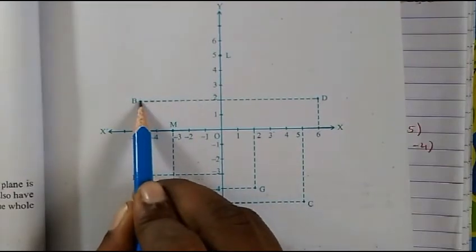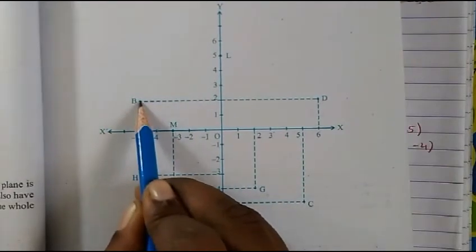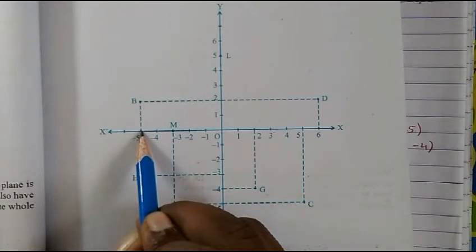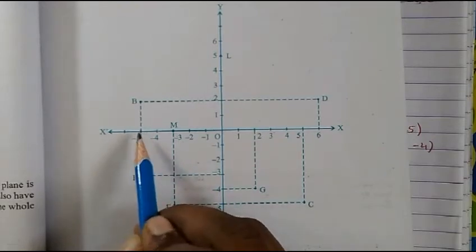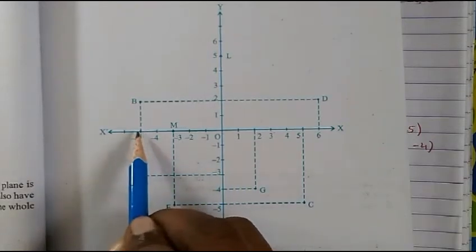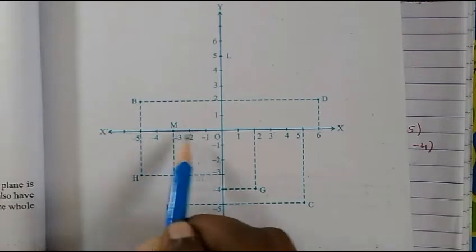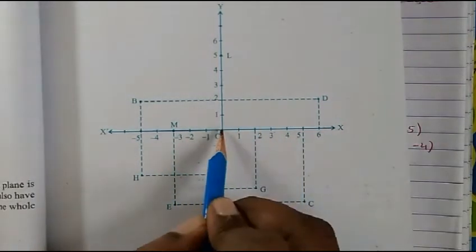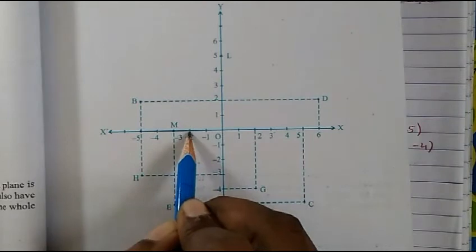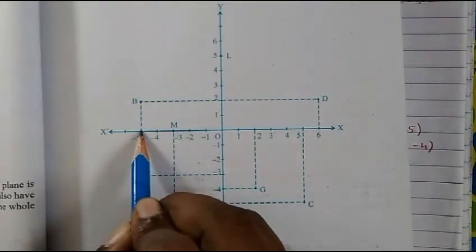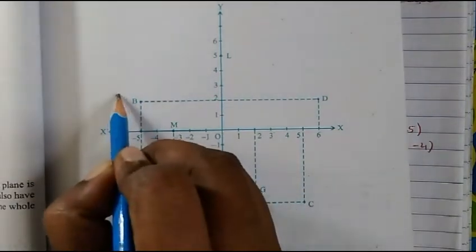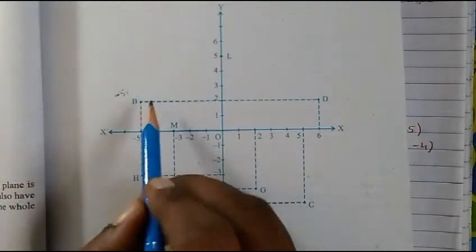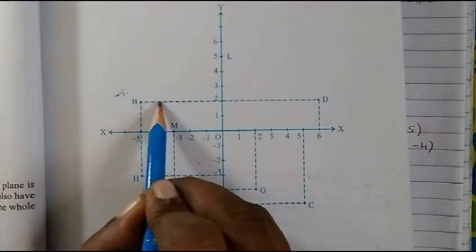So what is the coordinate? You have to see first on x-axis, where it is meeting on x-axis. On x-axis it is at this point. So what is the value of x? You know this is x-axis, starts from here: -1, -2, -3, -4, -5. So on x-axis it is -5. And let's see on y-axis where it is going.